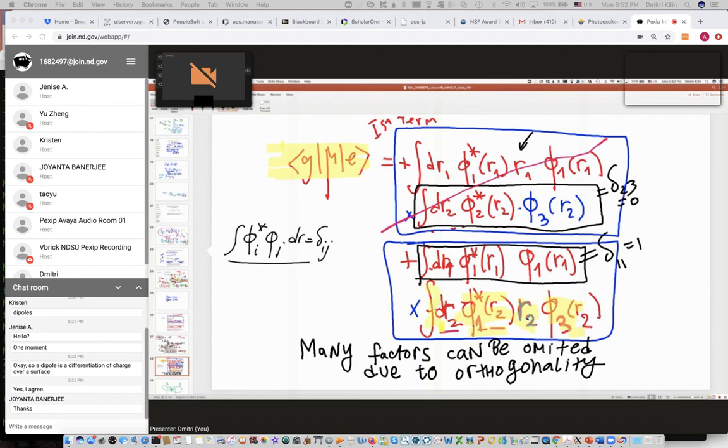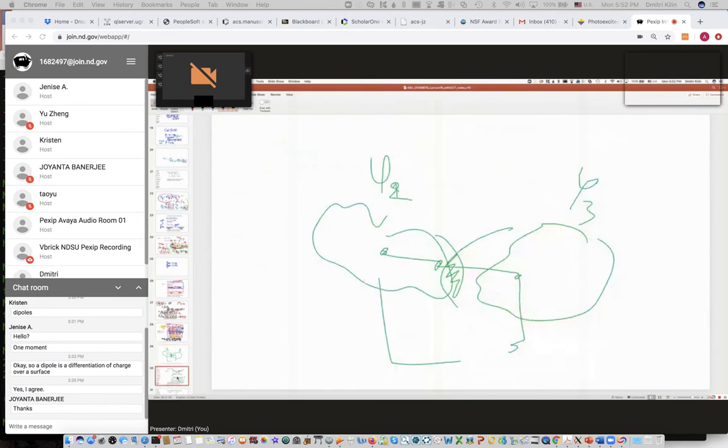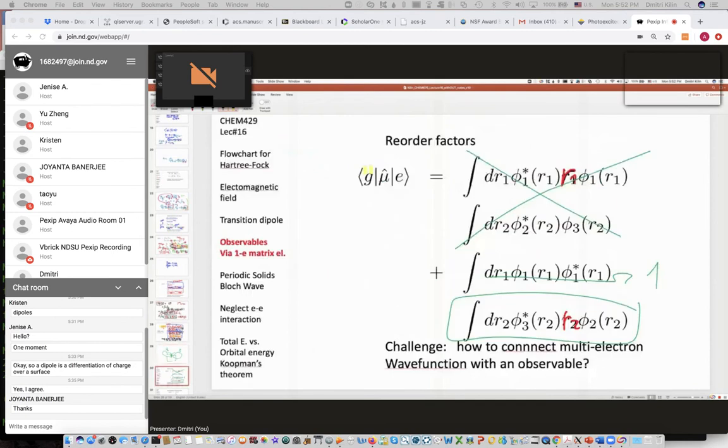It is really a very important observation. It means that in the more complicated general case, if there are 10, 100 electrons, one can still reduce it to one electron transition between the involved orbitals.